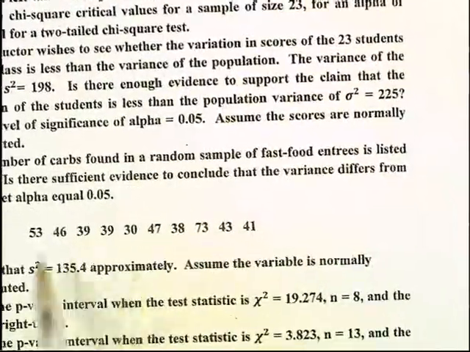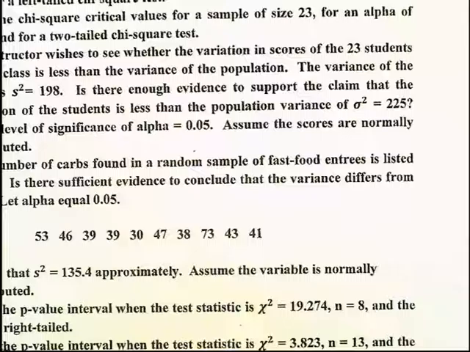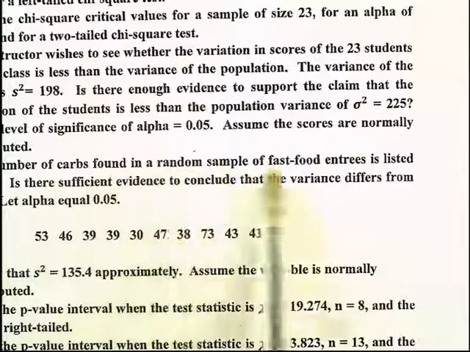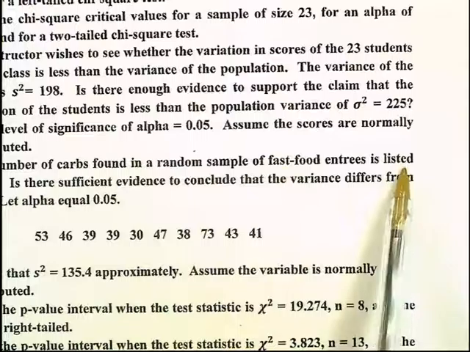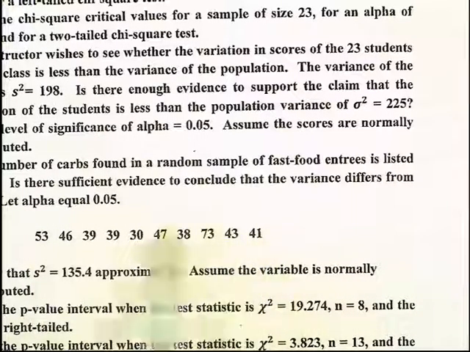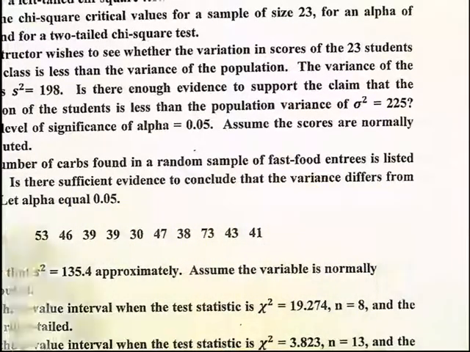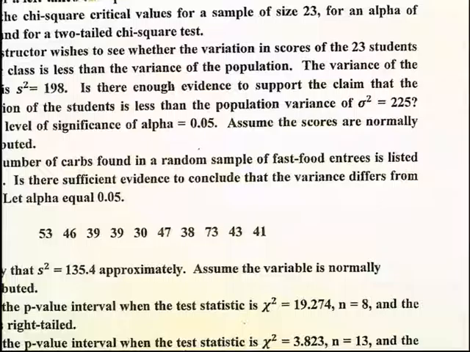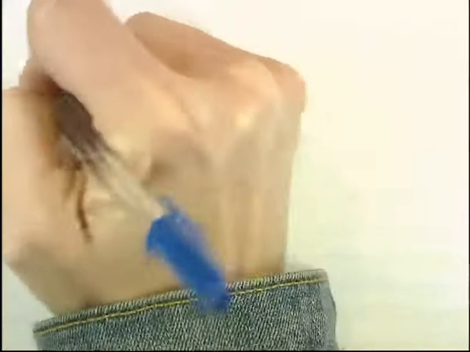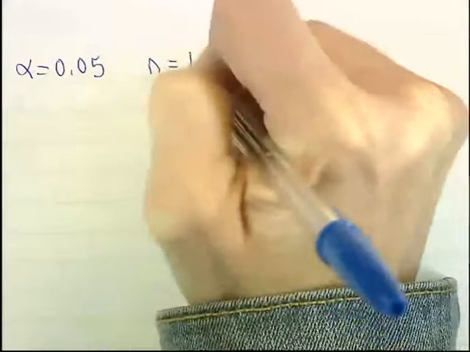Therefore, you are expected to take raw data and find the sample variance. So again, this is the number of carbs found in a random sample of fast food entrees listed below. And this is 10 different entrees and number of carbs. Is there sufficient evidence to conclude that the variance differs from 100? Let alpha be 5%. So question number 5, alpha is 5%. And our sample size is 10.